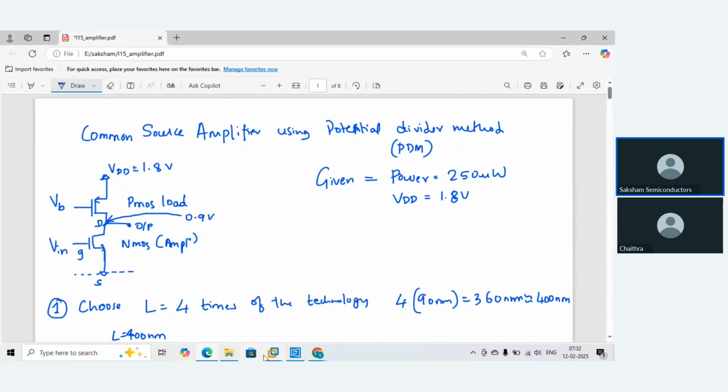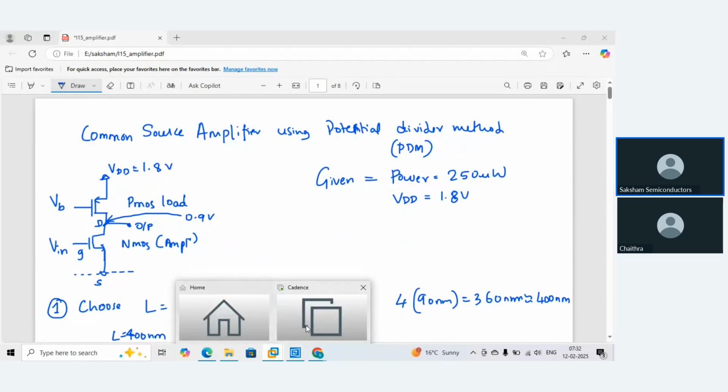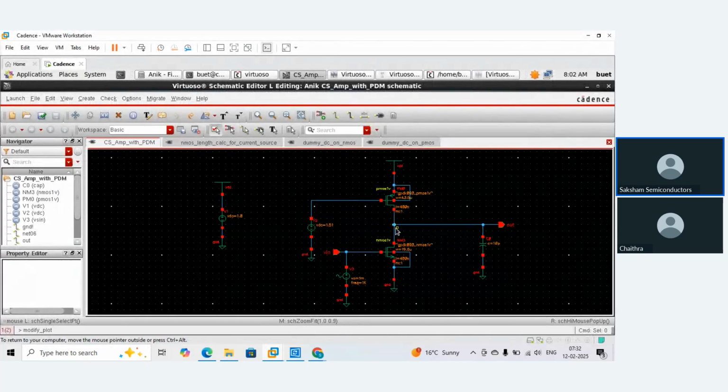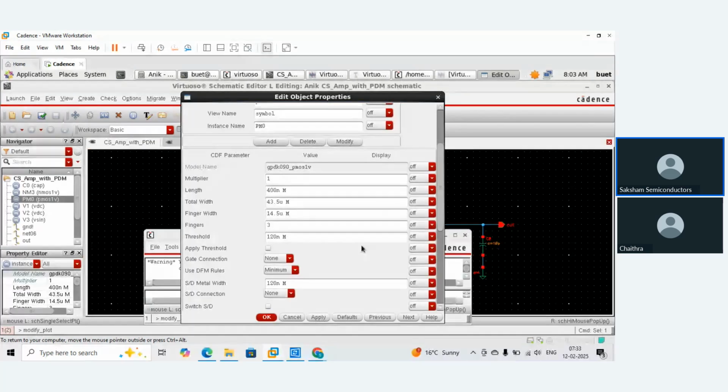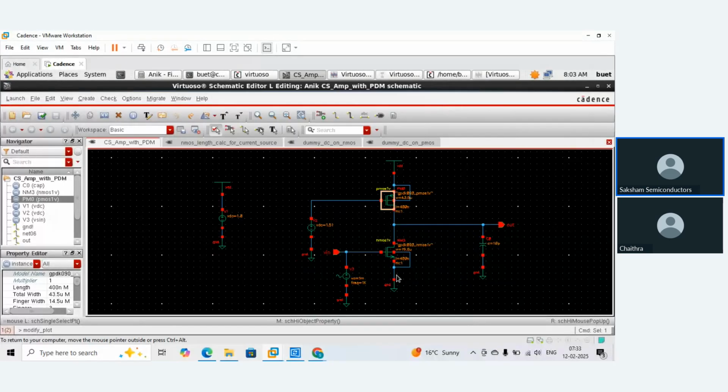I have taken a PMOS with a width of 43.5, because 43.5 micro cannot be fitted over here. I took 14.5 as a finger width, and I took the fingers as 3. So that marks as 43.5 micrometer.